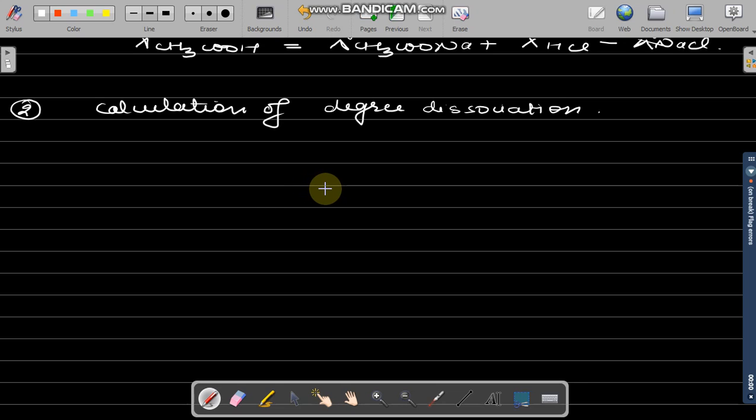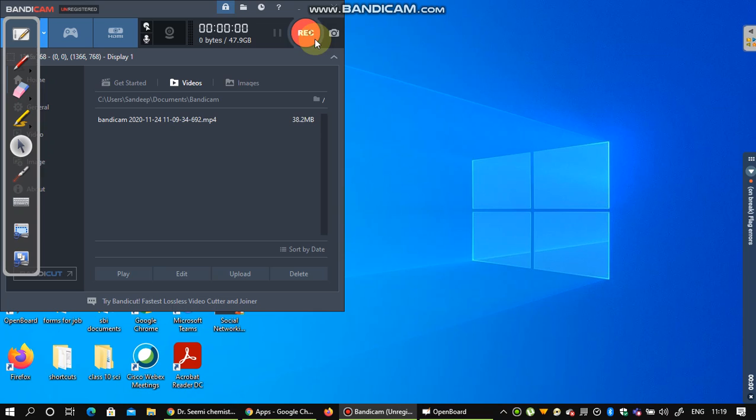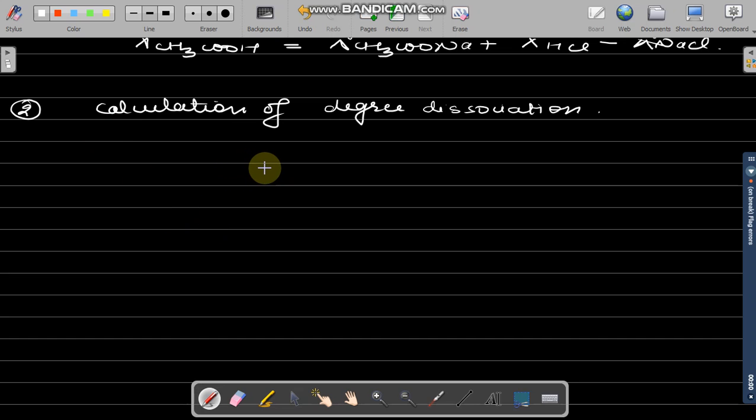Because the number of ions is going to increase, so your molar conductivity will also increase.